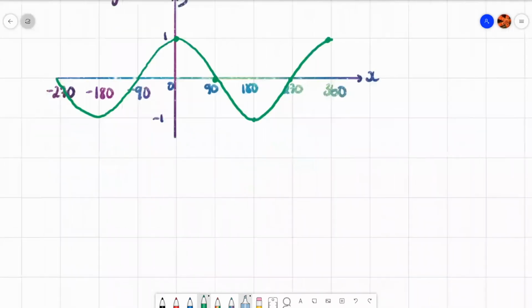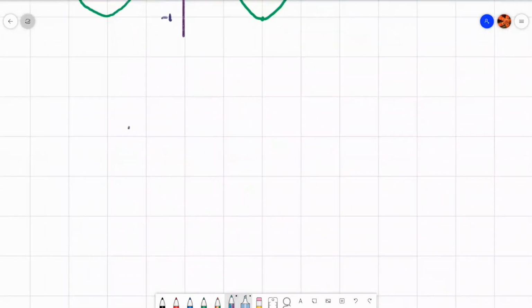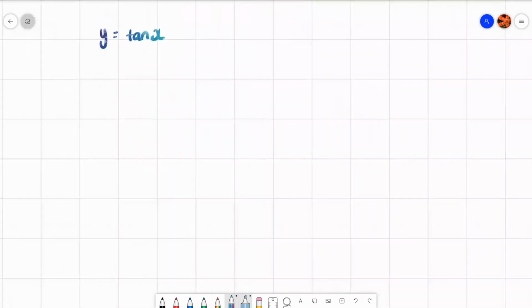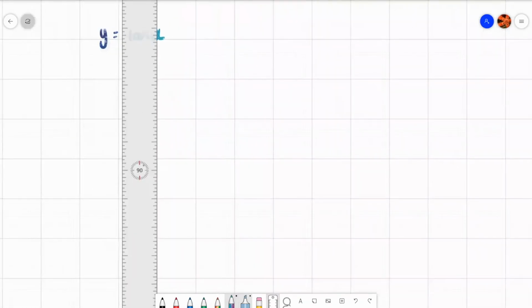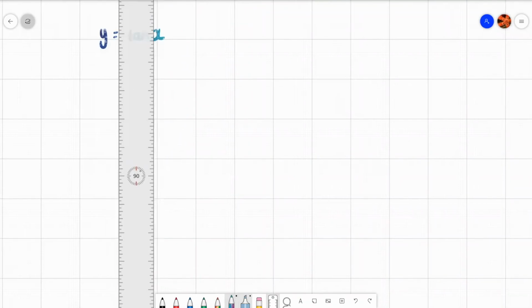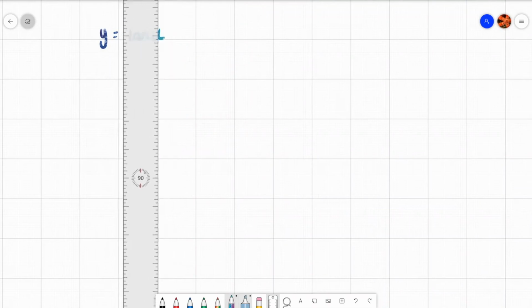If we are to draw y equals tan x, again, let's get a ruler. It's a bit tricky sometimes using a ruler here. Just do it like that.